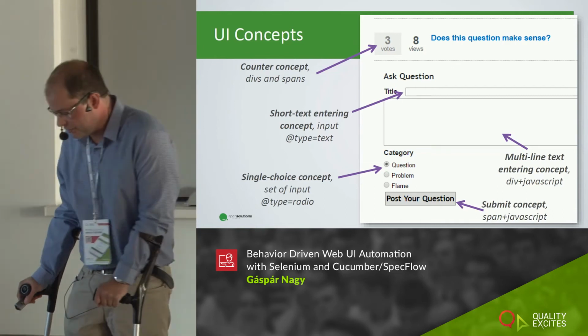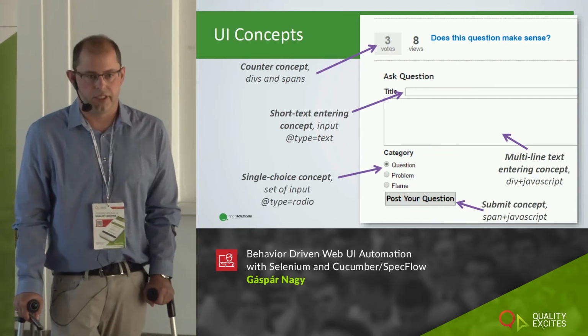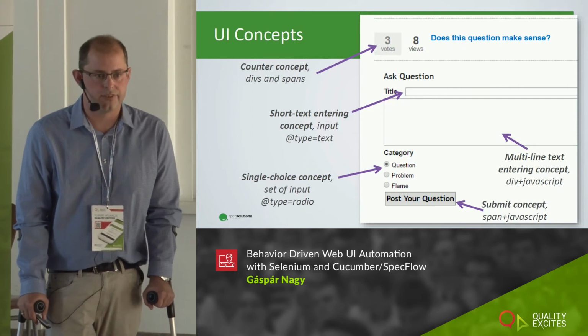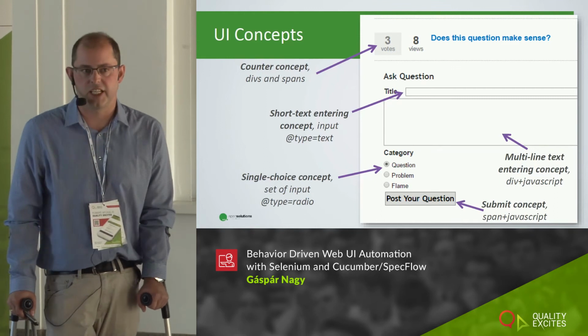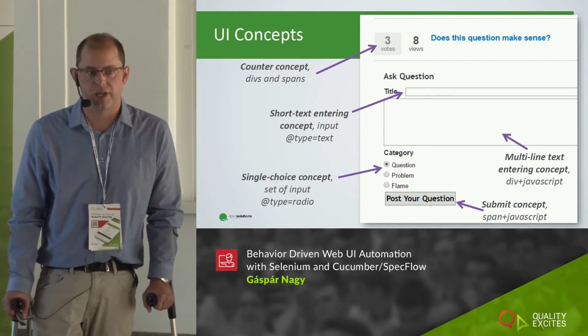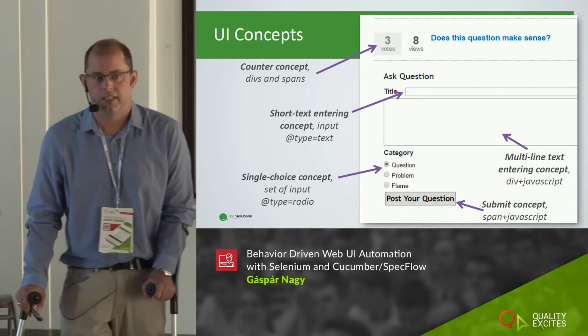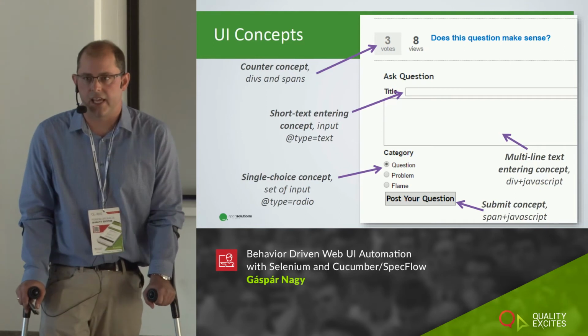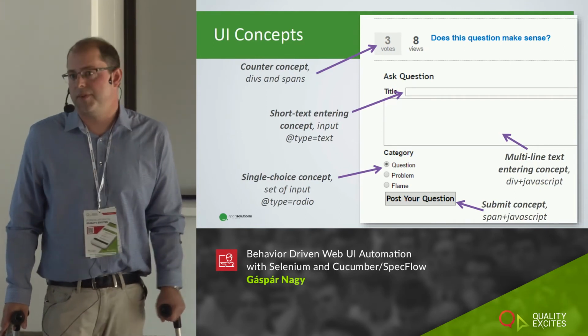If you would like to find these UI concepts, we would do the same thing. Here we would see a counter concept, which is currently implemented with divs and spans. Here we would see a short text entering concept, which is currently implemented with an input type equals text. Here we see a multi-line text entering concept, which is maybe implemented with a text area, or maybe it's just a div.